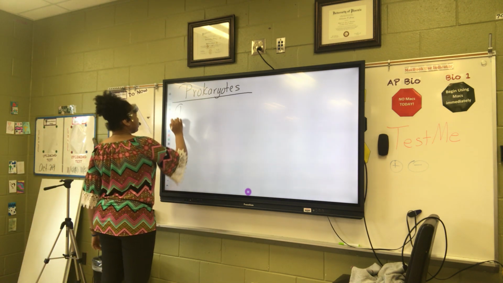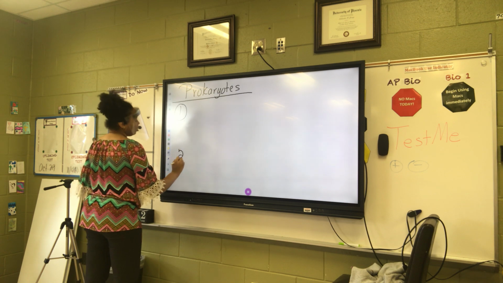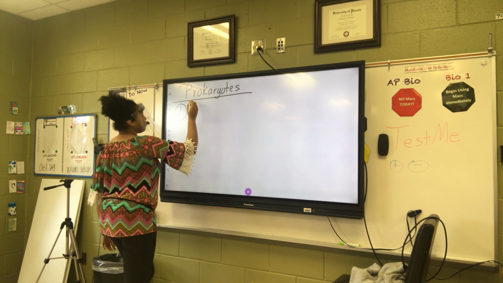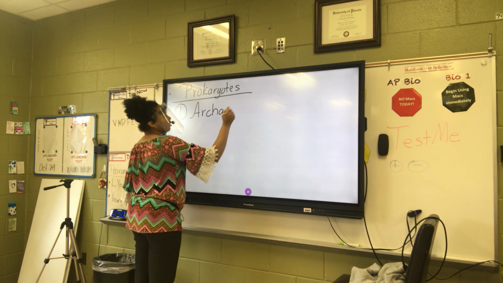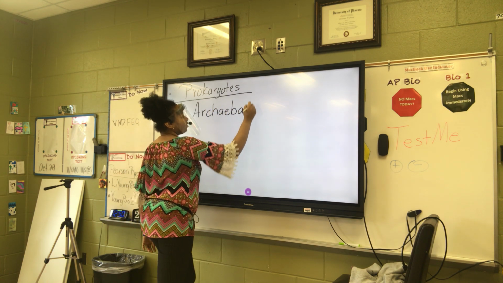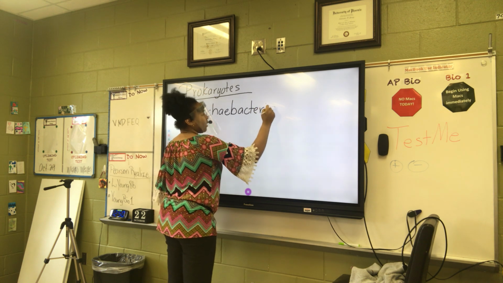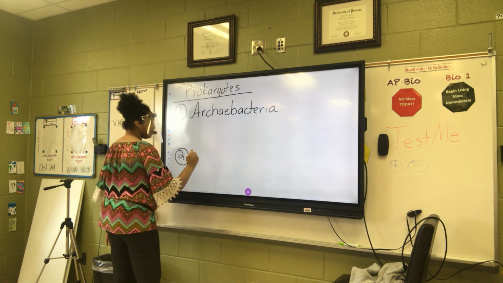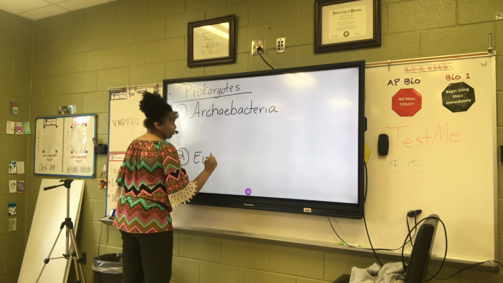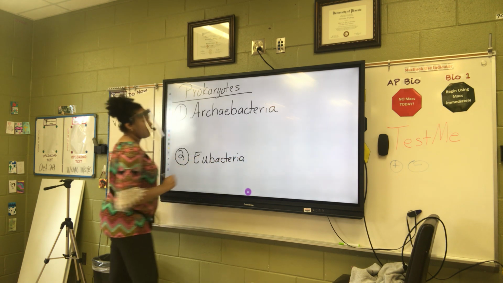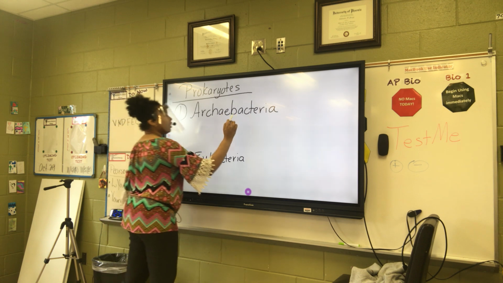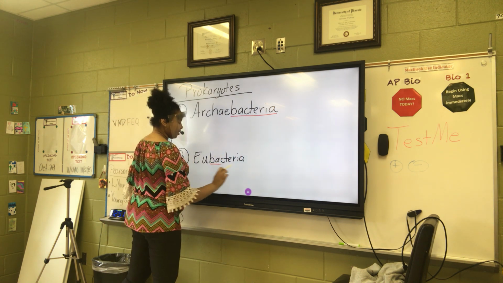All right, now let's look at the different kingdoms. Remember I told you there were two kingdoms of prokaryotes. The first one, archaeobacteria. The next one is eubacteria. Key word here is bacteria.